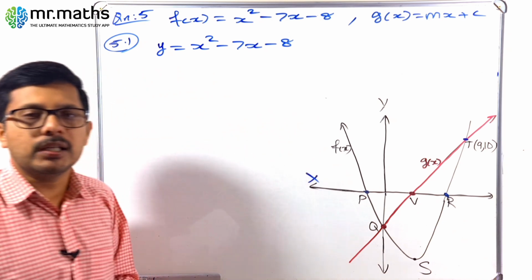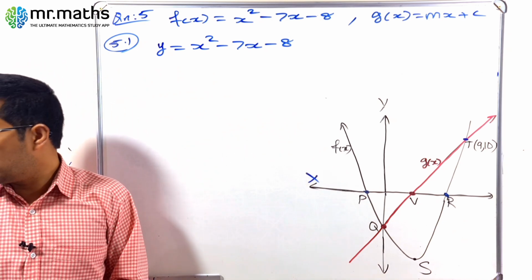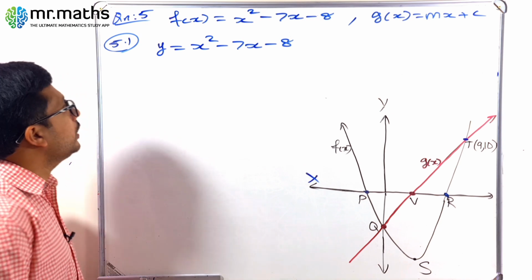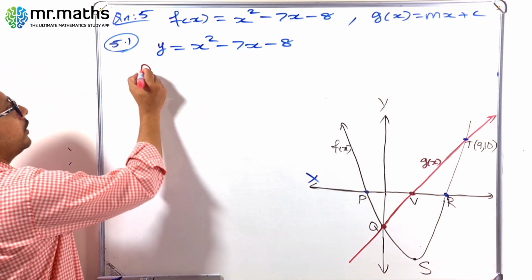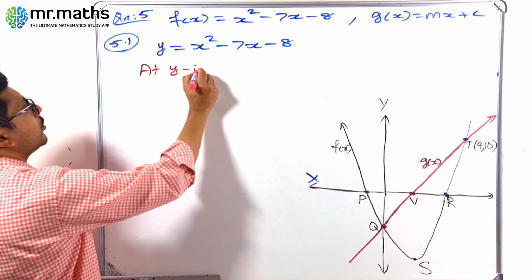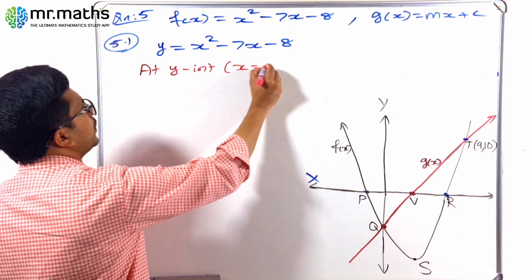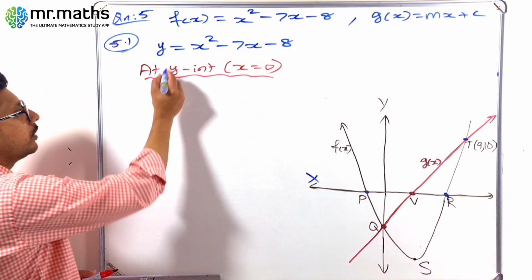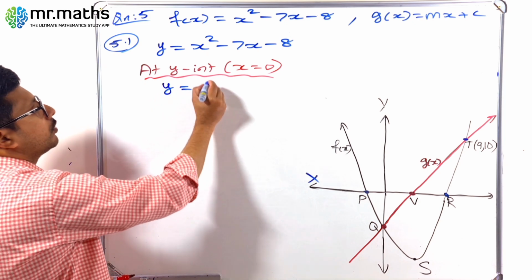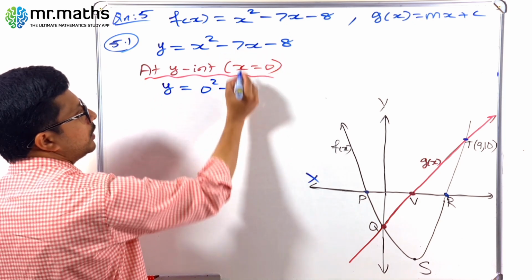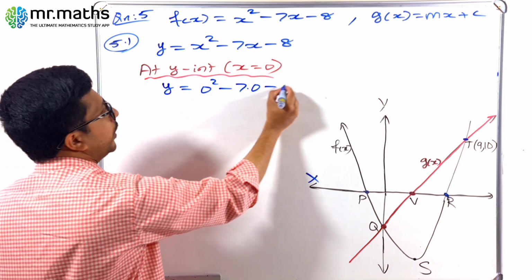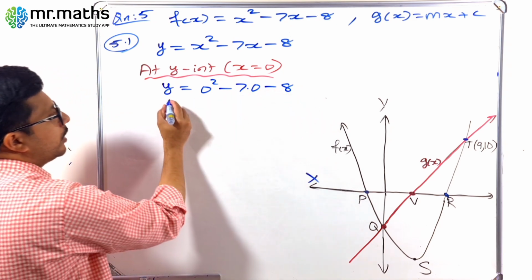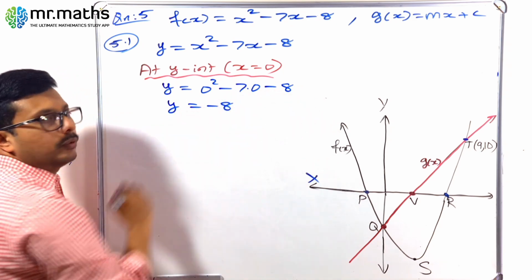At the y-intercept, what do you know? At the y-intercept the value of x is 0. So substitute the value of x as 0 in that equation. y equals 0 squared minus 7 times 0 minus 8, so y is equal to minus 8.